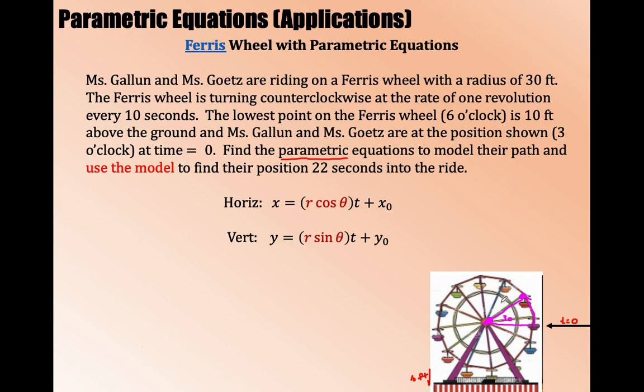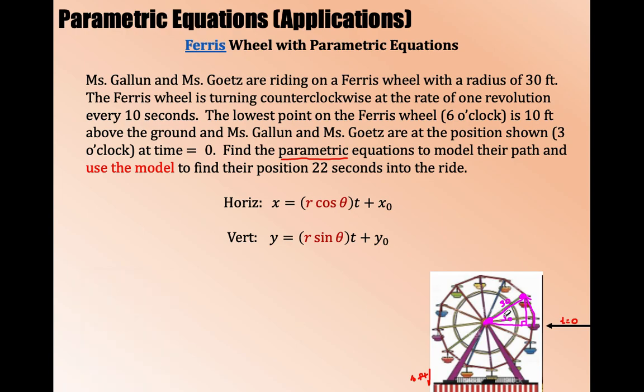So this radius is also 30. If I drop a perpendicular, this should look familiar, right? You did this in AAF. I gave you circles and had you draw triangles in them, didn't I?